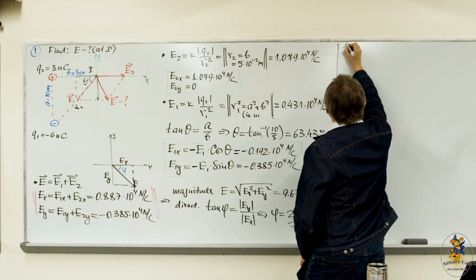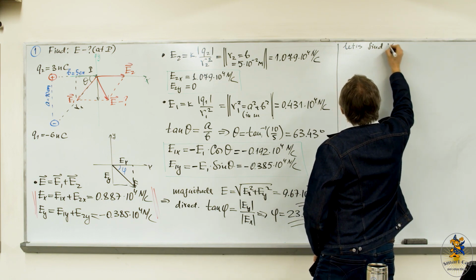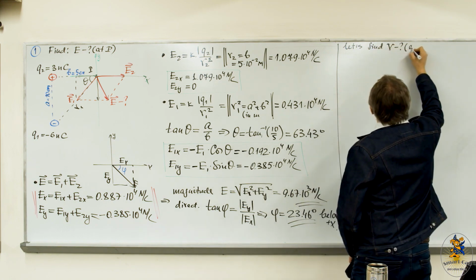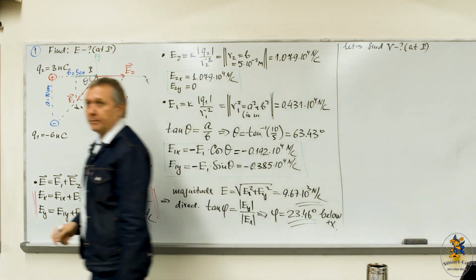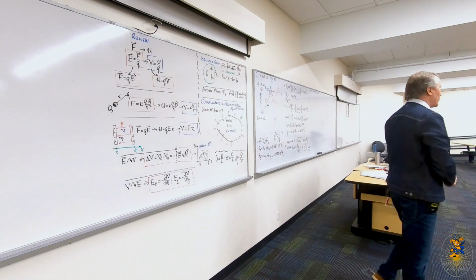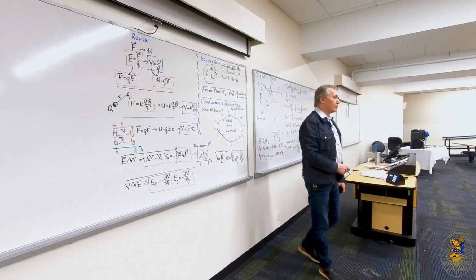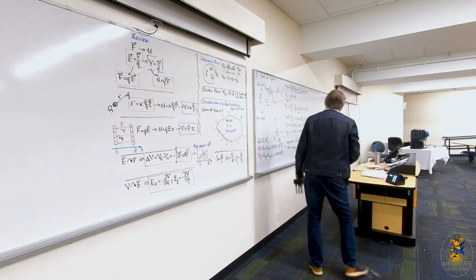So now let's find V at point P. Of course, V is the net electric potential. Here, how much time we spent applying the principle of superposition. Let's just do the same, but now with the scalar quantity.